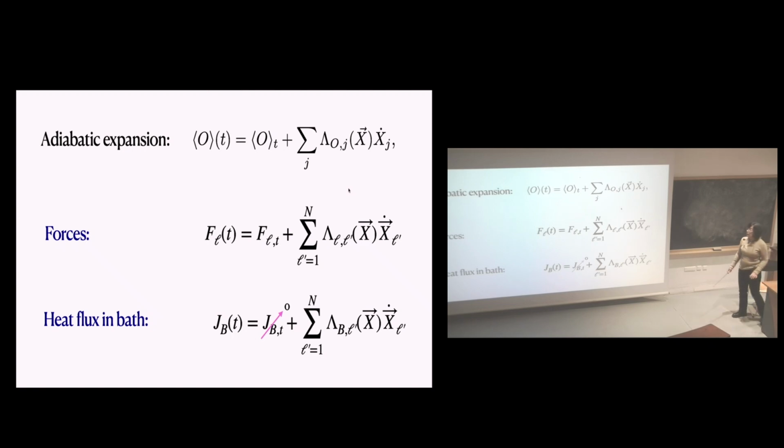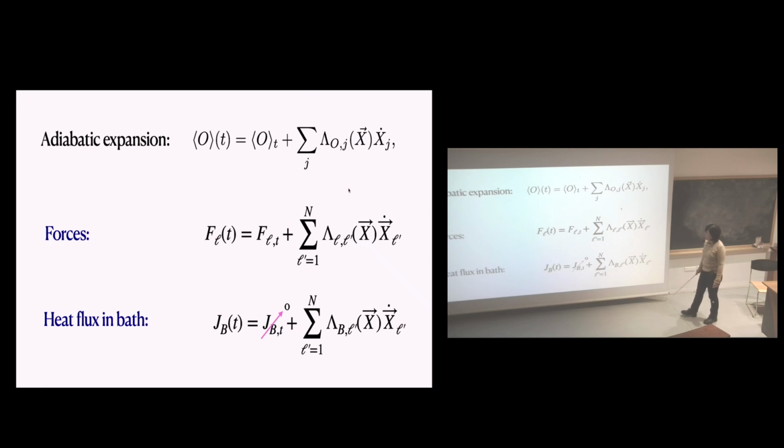So in summary, we introduced the following adiabatic expansion for the observables, which implies this decomposition: the frozen mean values plus some correction which is proportional to the velocities. And we can, in particular, introduce this expansion for the forces and for the fluxes. As I said, these are observables, and we can use that.